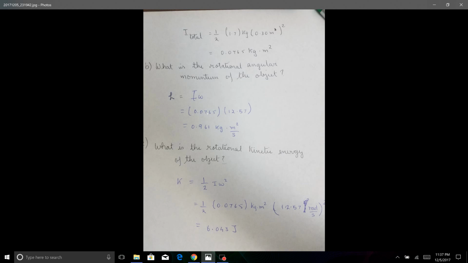So that's this right here. By multiplying them together, I get a value of 0.961 kilograms meters squared per second. That's the rotational angular momentum of the object.